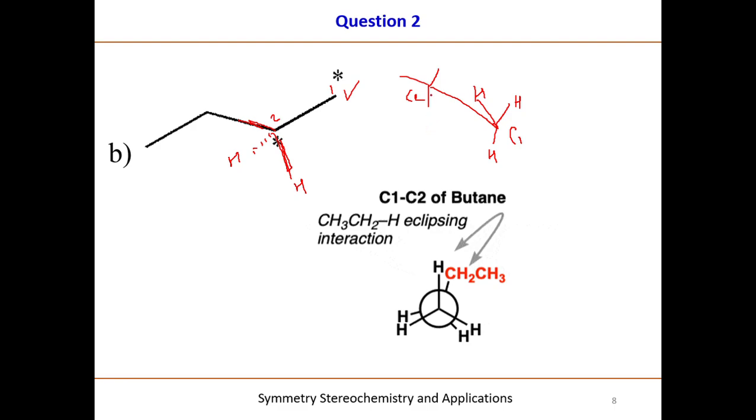That means you have to take the C2H5 ethyl group on plane, and this is the below-the-plane H, this is the above-the-plane H. Now look from this side and draw.